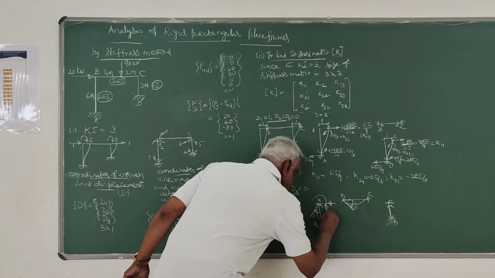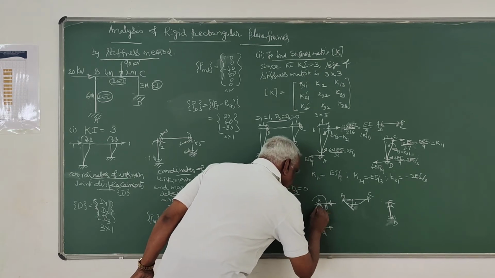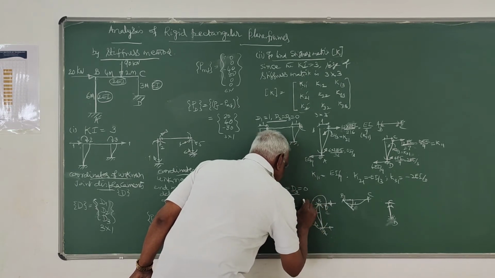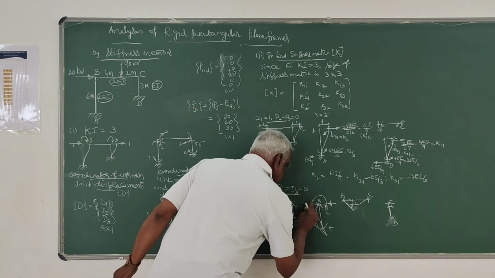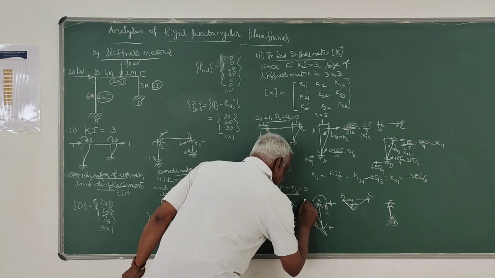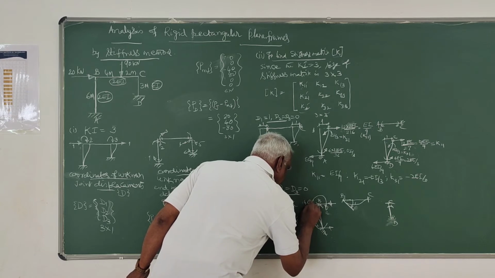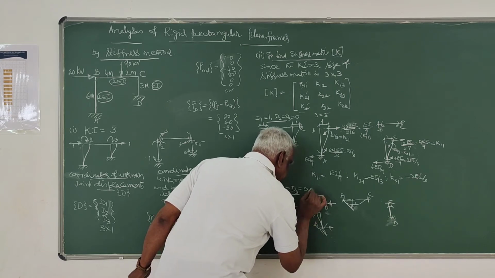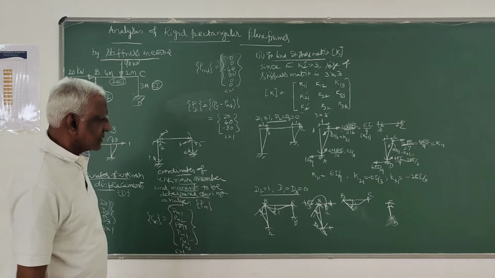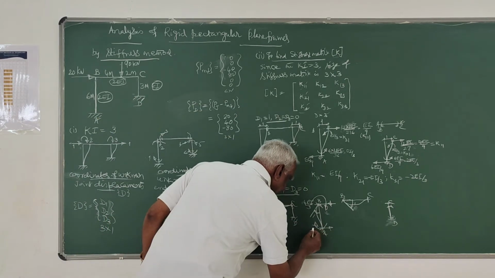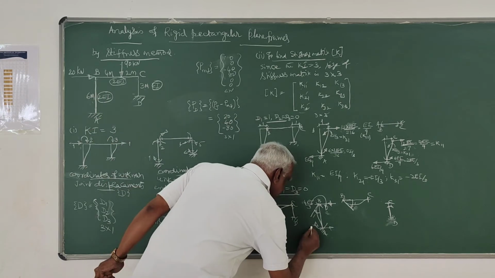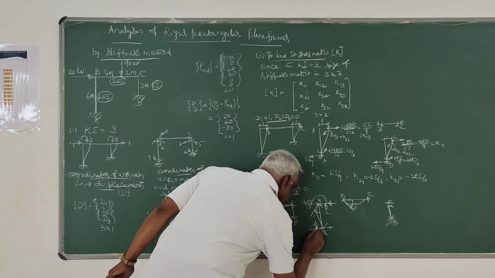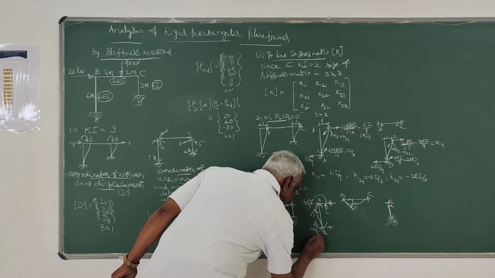Here, this is 4EI by L. So 4EI by L means it is 4 into 2EI, 8EI divided by 6. 8EI divided by 6 means it is 4EI by 3. This will be 2EI by L. That is 2 into 2EI, 4EI by 6, that is nothing but 2EI by 3.